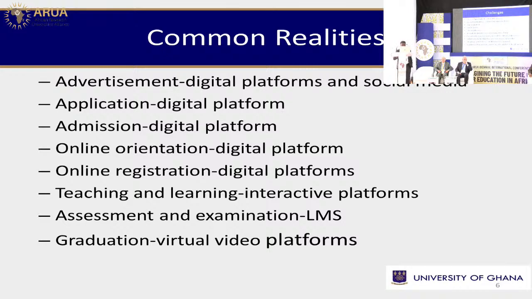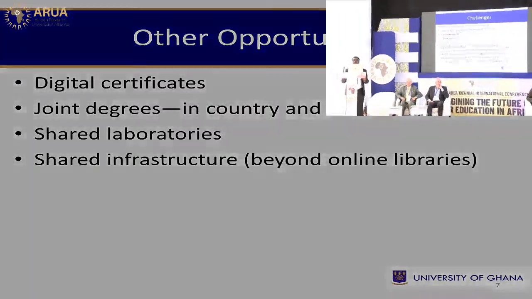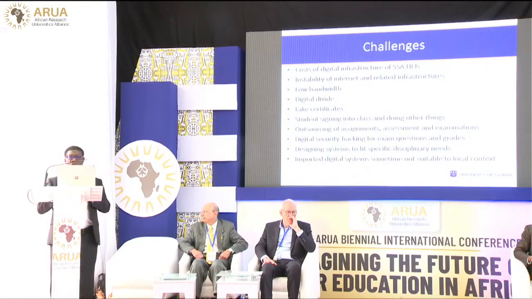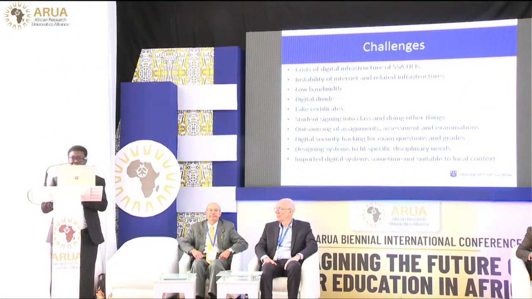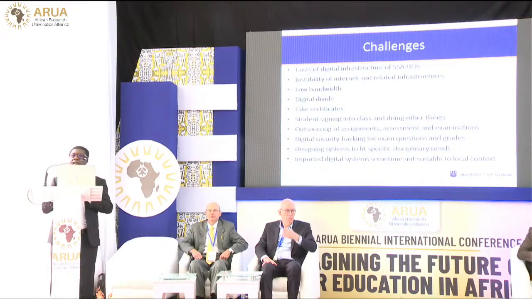Okay, so let's look at some of the further opportunities. The earlier ones were just to support what we're already doing. The question that comes is, largely we produce a certificate as a document, largely a printed physical document, and then we try to put in some kind of features that we think people cannot easily scan.